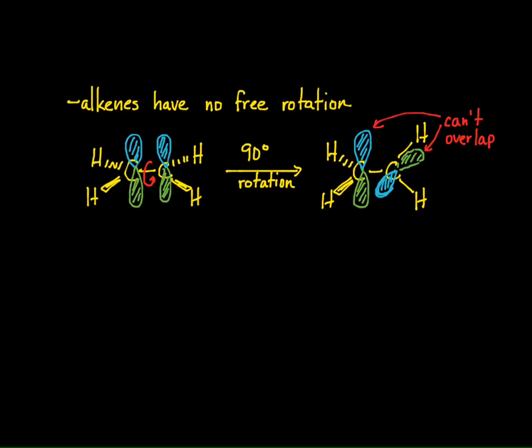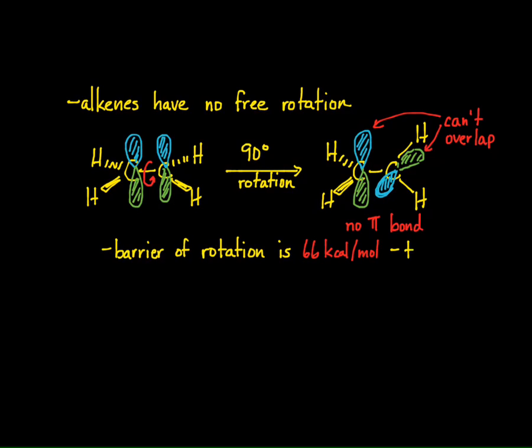So the two p orbitals on the two carbons can't overlap with one another, and therefore there's no pi bond. You break that pi bond. And the barrier of rotation is 66 kilocalories per mole, which is way too high for rotation at room temperature.